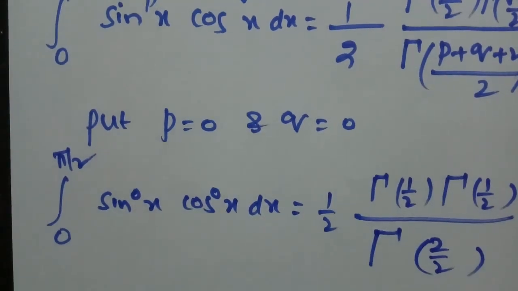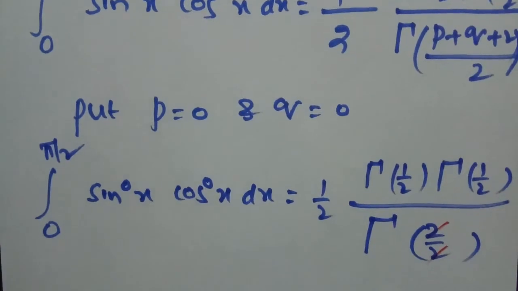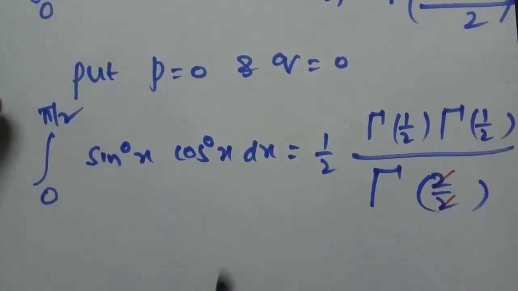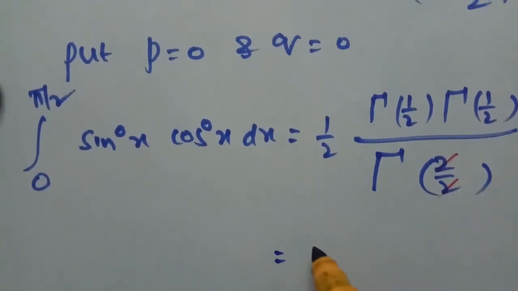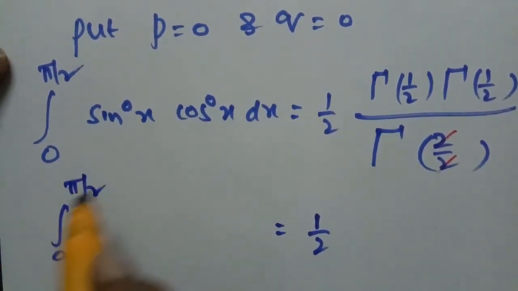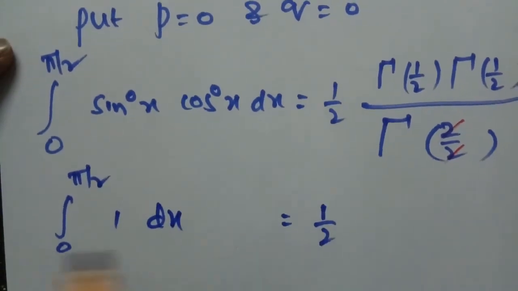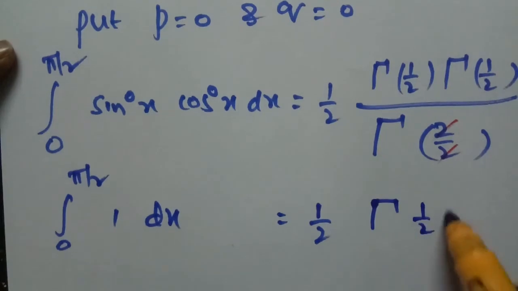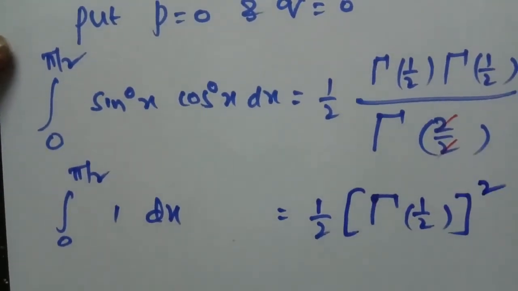Therefore, that is equal to gamma of 1. We already know that gamma of 1 is equal to 1. Therefore, this is equal to 1 by 2 times, now integral 0 to pi by 2, sine 0 is 1, cos 0 is also 1, into dx, gamma 1 by 2 whole square.